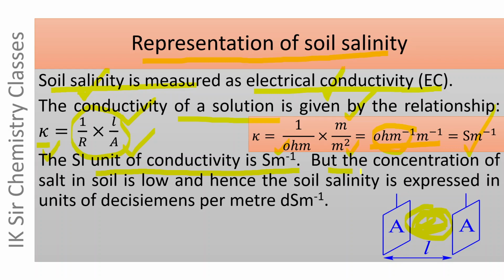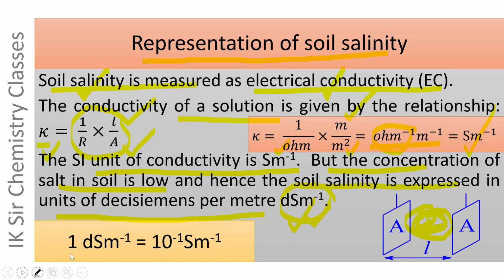But the concentration of salt in the soil is low, and hence the soil salinity is expressed in the units of deci-Siemens per meter, which is abbreviated as DS meter inverse.